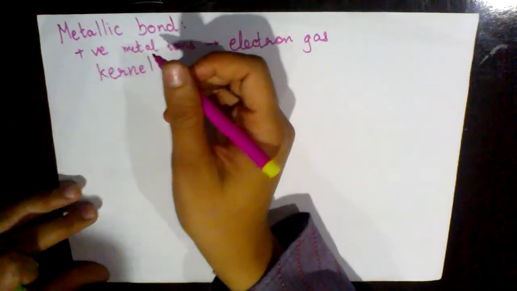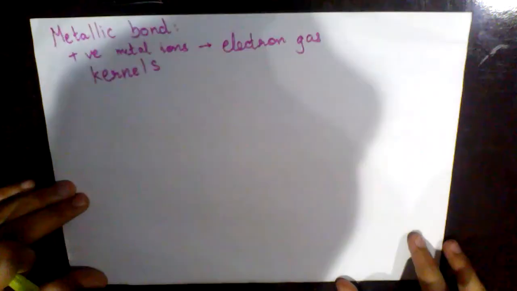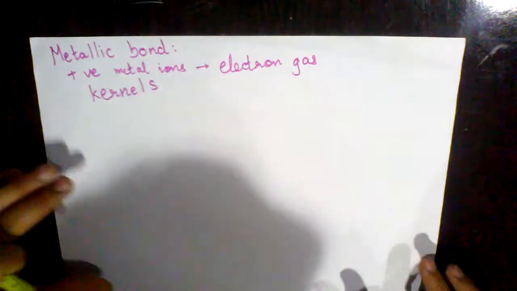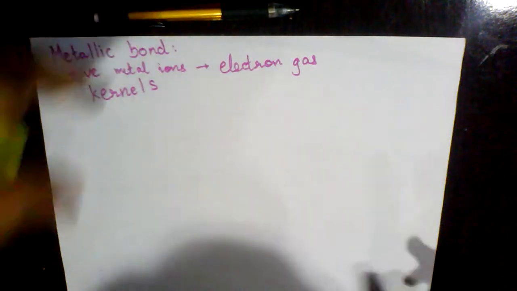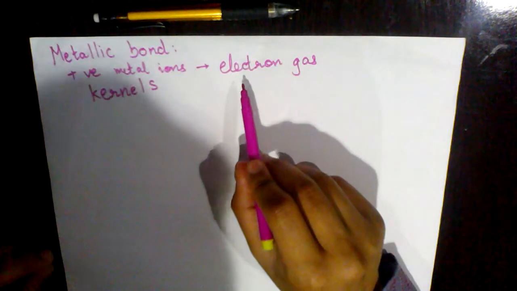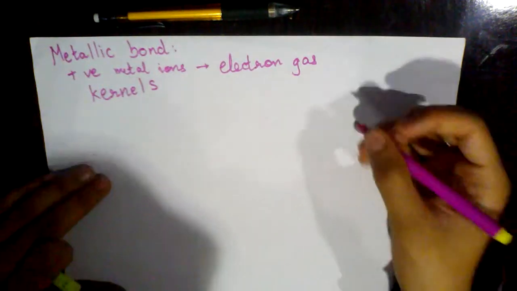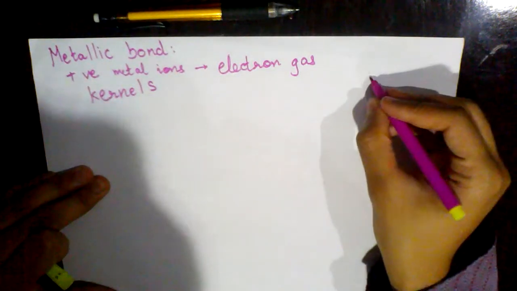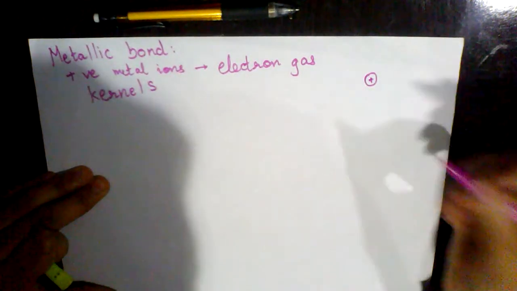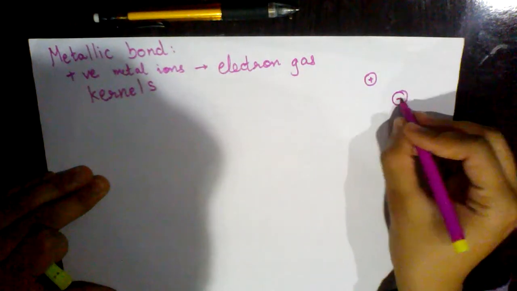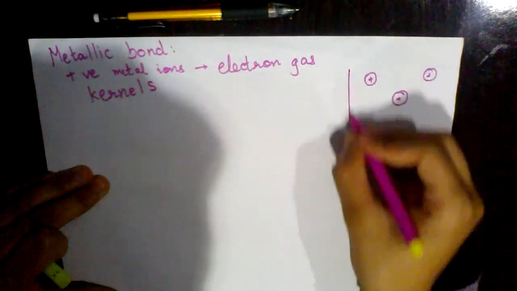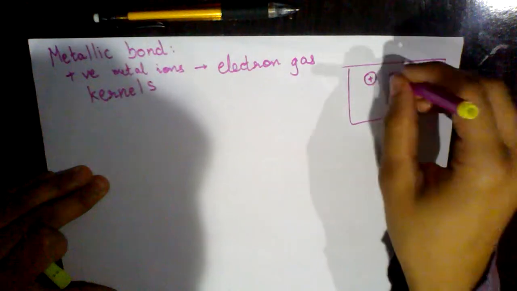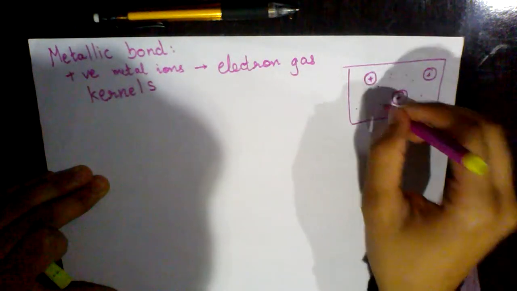Now these kernels are not moving. They have fixed positions. However, the electrons move from one place to another. So in the diagram, you have these positive metal ions, and then you have the electrons, which are denoted by the dots.